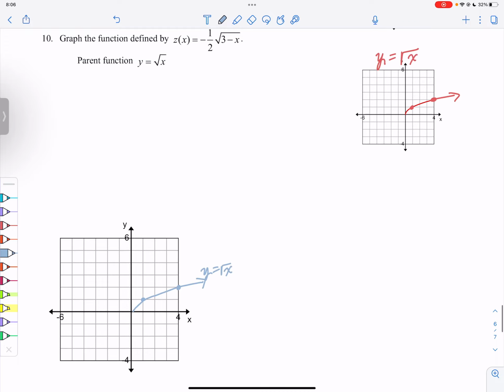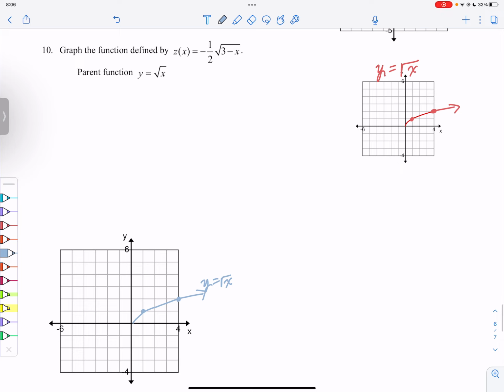Okay, so now let's work through each one of these shifts. Remember, the very first thing we're going to do is we're going to work on that inside, and that gives us our horizontal or our vertical. And as you can see, this is a bit of a mess when it looks like this.